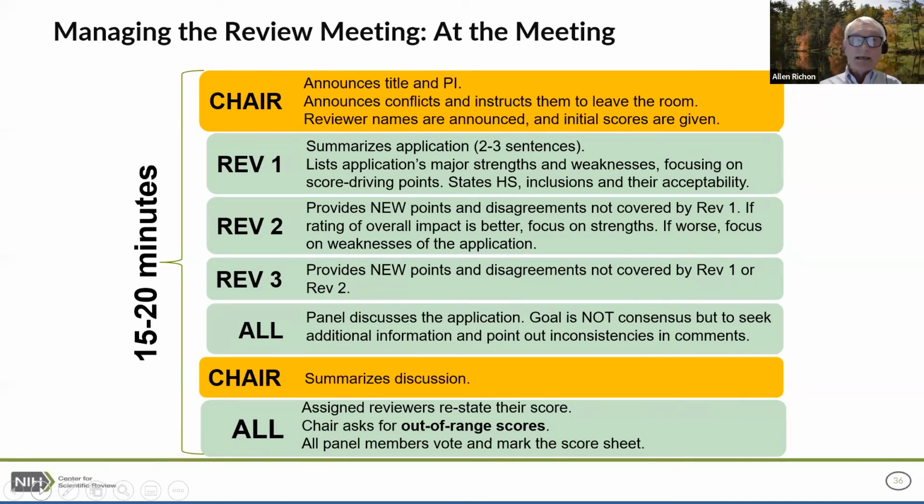We only ask that they state that they're scoring out of range so we know who it is, and that the reason that they're doing so has been discussed. The reason for that is that if a reviewer has information that is pertinent to the review that changes what the review is, they should bring it up at the discussion and not keep it secret to themselves and score for that reason.